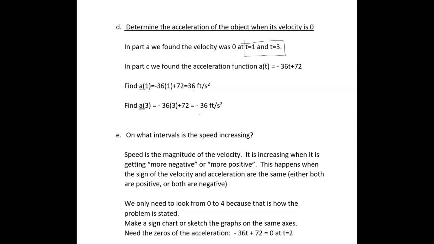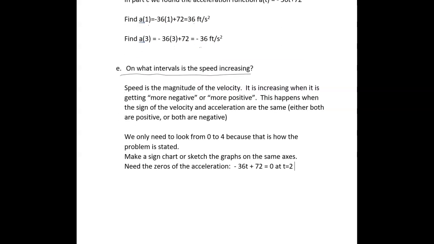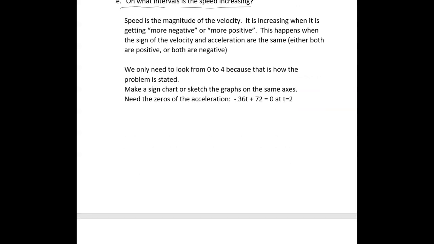Now, part E. I forgot to underline that in my notes here, but I'll underline it here for you. On what intervals, meaning time intervals, the x-axis intervals, is the speed increasing? Speed increasing is a tricky concept for you to visualize because it could mean getting more negative.